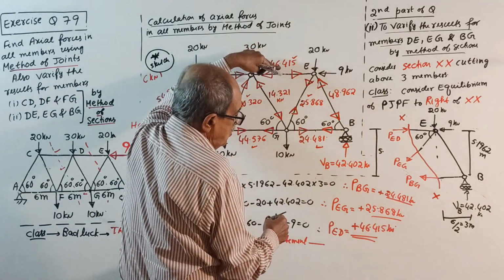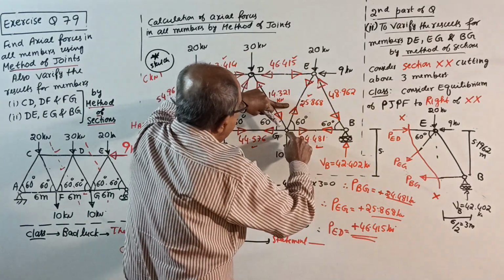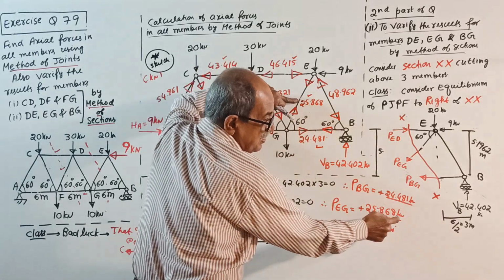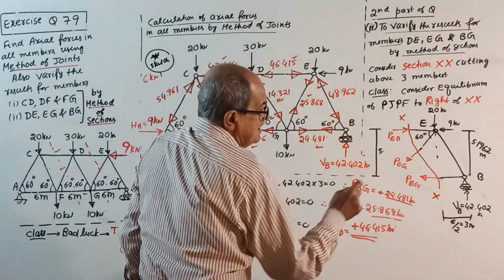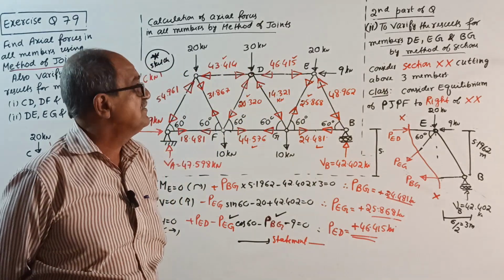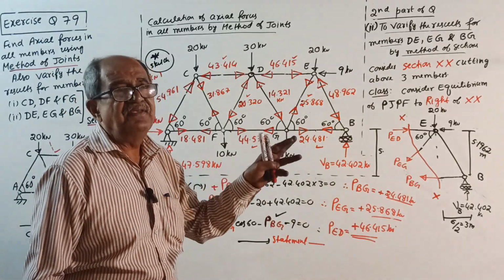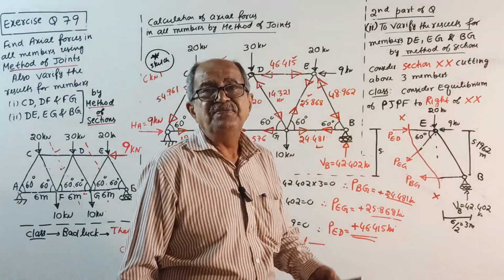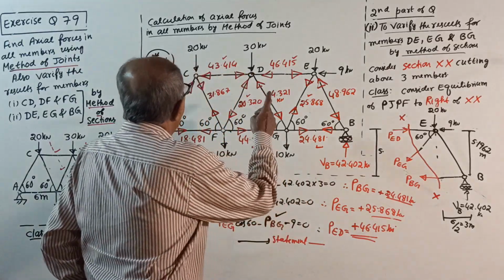ED. See here, perfectly correct. EG 25.86, see here, beautifully tallying. 24.481 tallying. Therefore, the results obtained by method of section, for checking purposes, perfectly tally with those we got by method of joints.